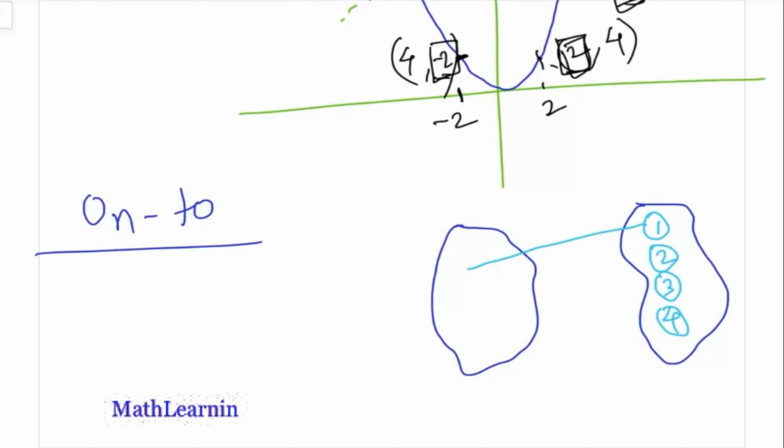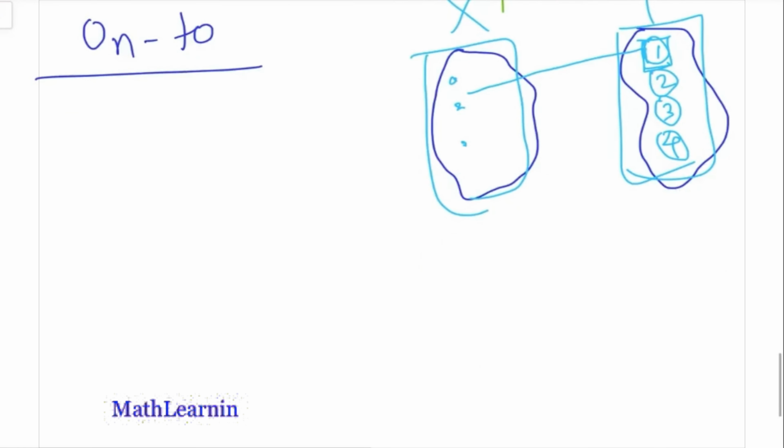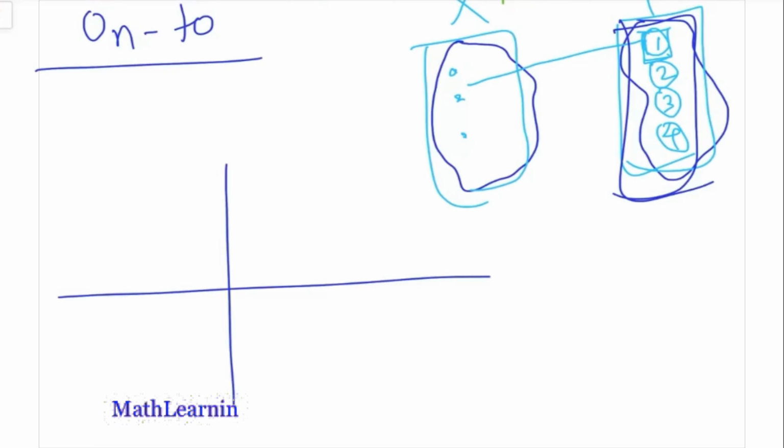So this is a set X, this is a set Y. Every element of set Y must have a candidate in set X. So every element of the codomain must have an element in the domain.